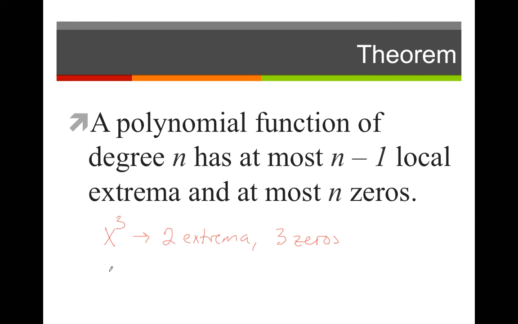If I gave you an x to the 6th power, that means I could have at most 5 extrema and 6 zeros. And you could try for eternity to find an exception to this theorem, but it wouldn't be the case. And if that was the case, you wouldn't have a theorem.